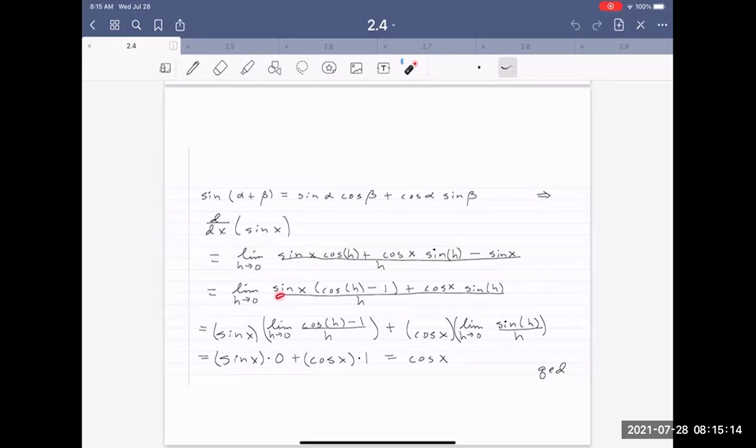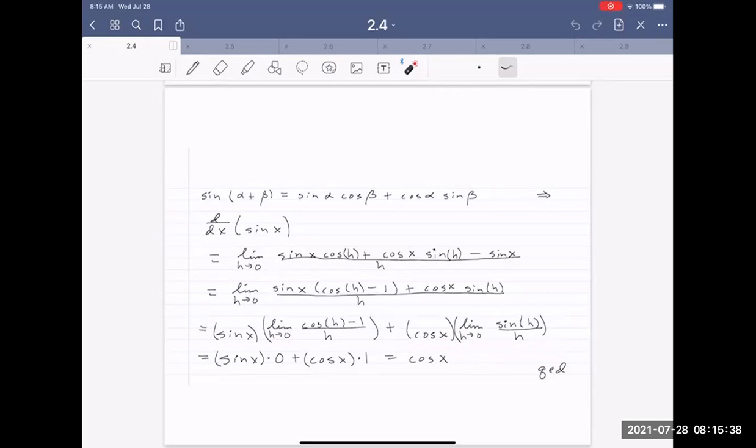So this is sine x times the limit as h approaches 0 of (cosine h minus 1) over h, plus, well, again, cosine x is constant, so let's bring it out in front of the limit. This is cosine x times the limit as h approaches 0 of sine h over h.